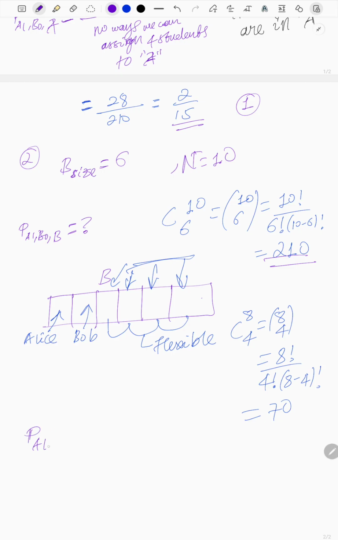Probability of Alice and Bob to be in group B is equal to the number of ways where we can form group B where Alice and Bob are available, and we found it to be 70, over the total number of ways we can create group B from the 10 students, and you found it here, 210.